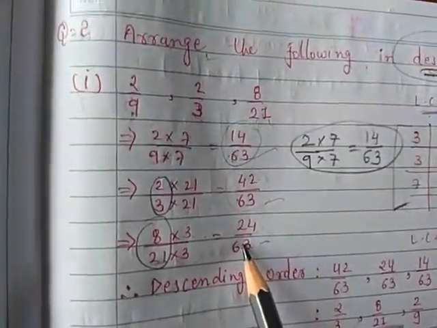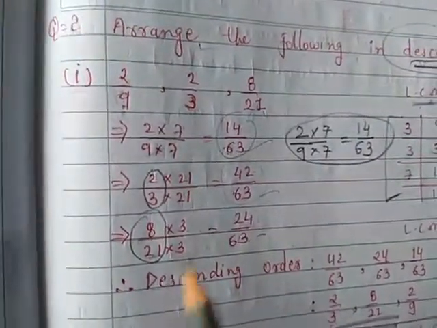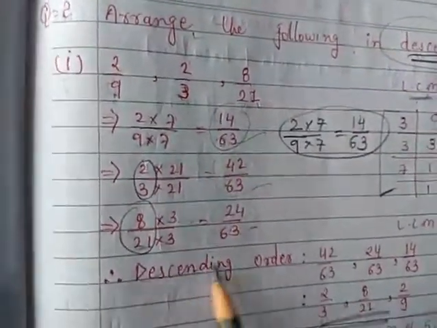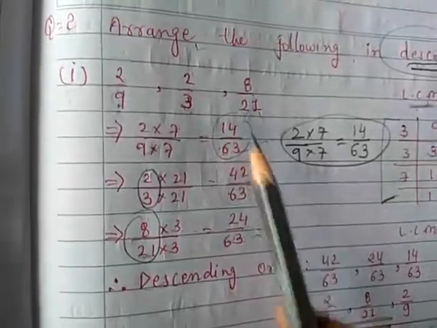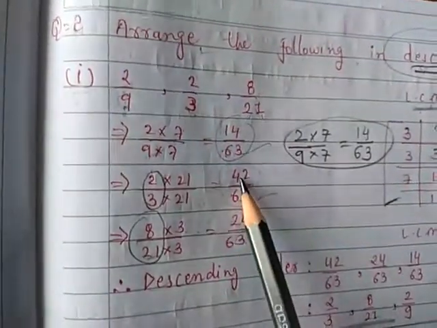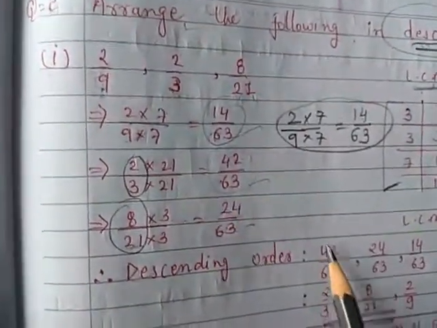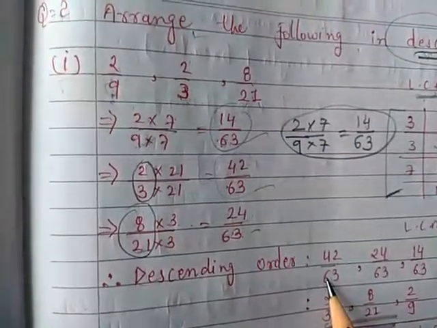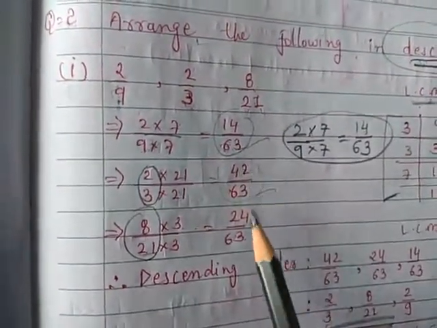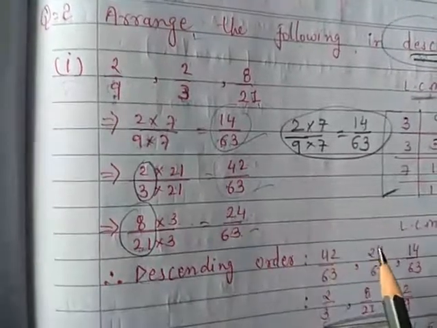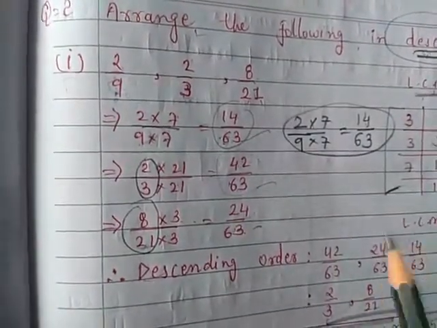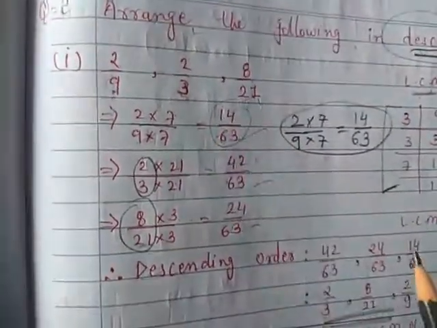Okay students, understood? Now we arrange all these numbers in descending order. See students, in the numerator which number is greater? 42, right? So first we write 42 upon 63. After that see, which number is smaller? 24. So we write here 24 upon 63 and in the last 14 upon 63.